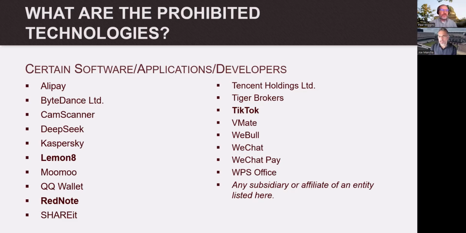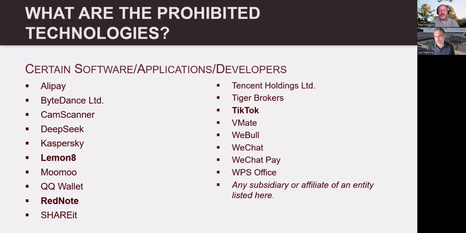So what are these companies or software developers? Alipay is a digital wallet and online payment platform. CamScanner is used for scanning in images and such, and it has had associated security breaches and even malware associated with it. DeepSeek, an AI cloud service. Kaspersky is a Russian cybersecurity antivirus provider.